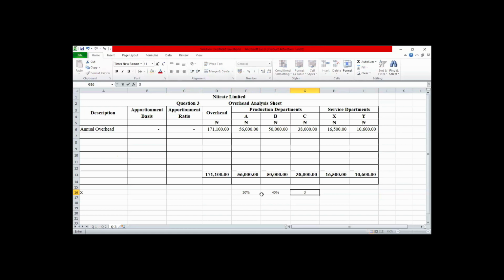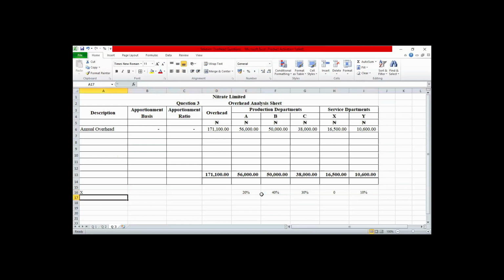What about X? Was anything allocated to X? Nothing. No apportionment to X. Then for Y it is 10%. That's 100%.